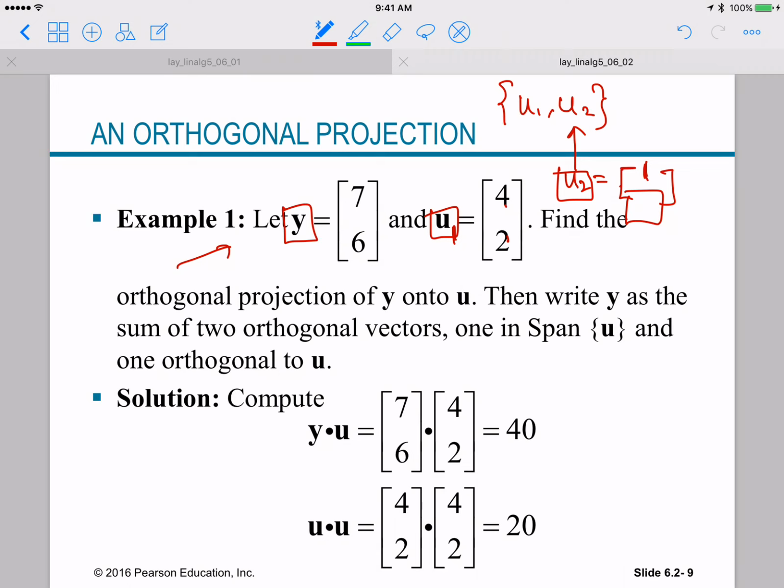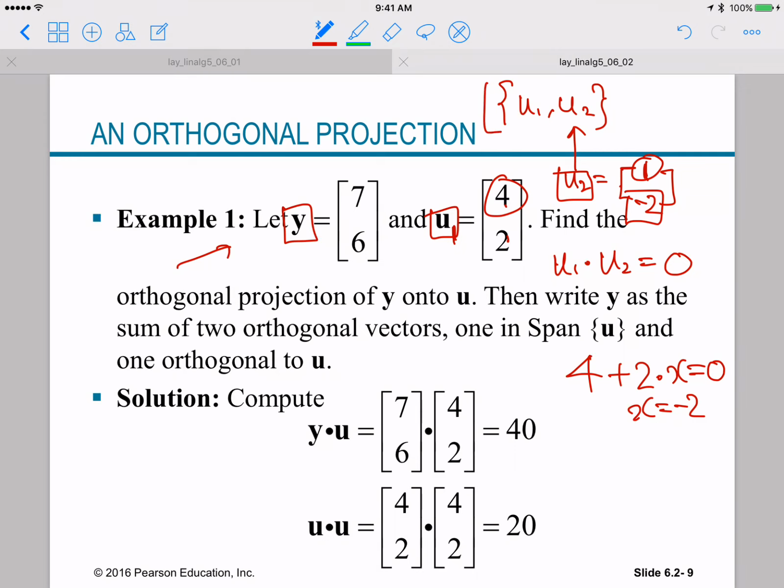We have to satisfy that the inner product of u1 with u2 should be 0, so 4 times 1 plus 2 times x becomes 0, right? x is minus 2, right? So we have (4, 2) as one vector, and then (1, -2) is an orthogonal vector to u1, right?